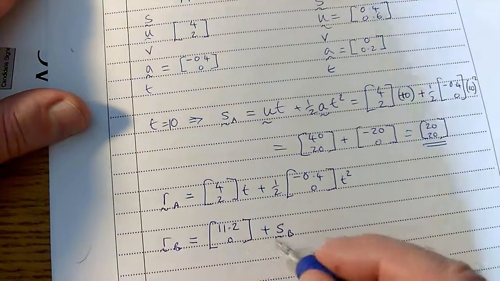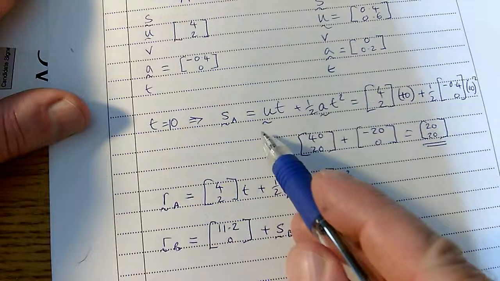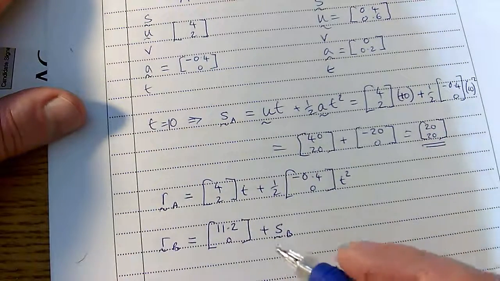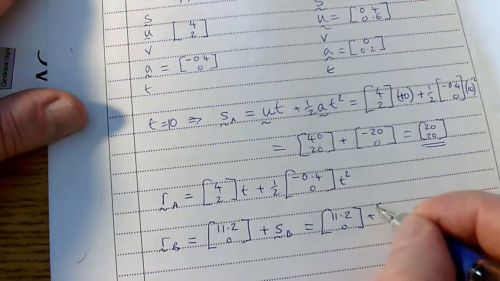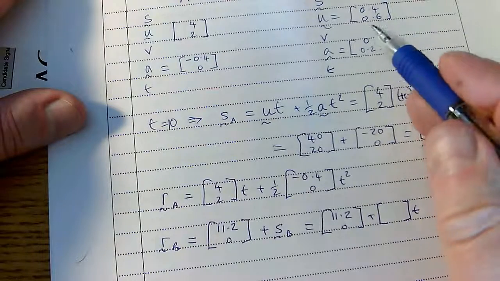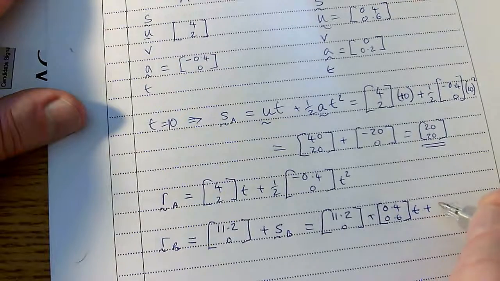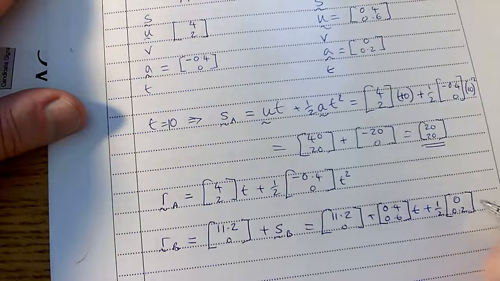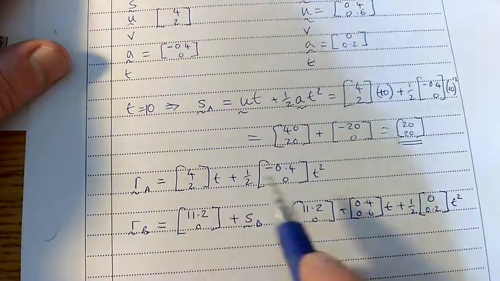This is where it started, and this is its displacement from where it started. I'm going to use the same equation for SB as for SA, UT plus half AT squared. So this is 11.2, 0 plus initial velocity times T. B's initial velocity is this one here, 0.4, 0.6, plus a half times B's acceleration, 0, 0.2, times T squared.